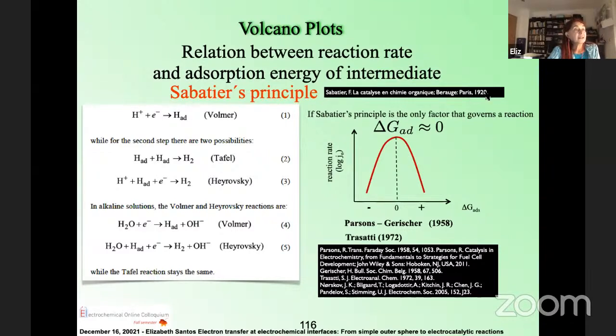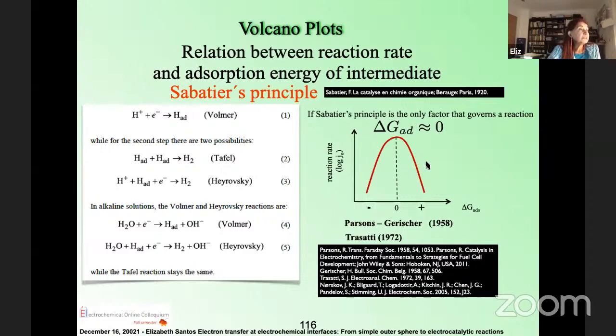That was in 1920, a very long time ago, and it says that a reaction should be better if the adsorption free energy is near zero.